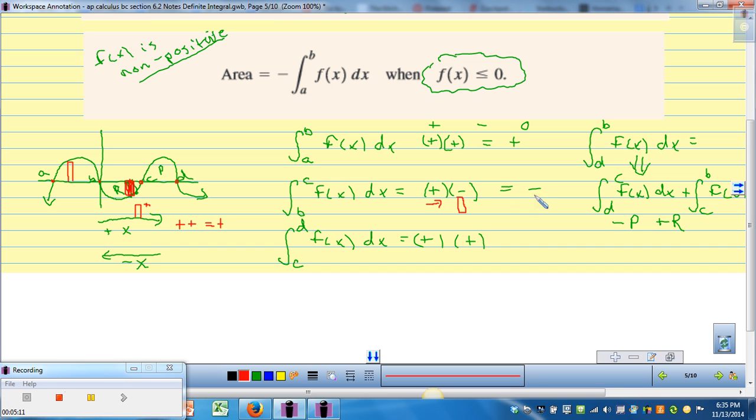Positive times a negative is a negative. Let's look at the integral from c to d. Again, moving in the positive x direction makes for a positive width, and the function value is above the x-axis. Again, we end up with a positive value for that area.